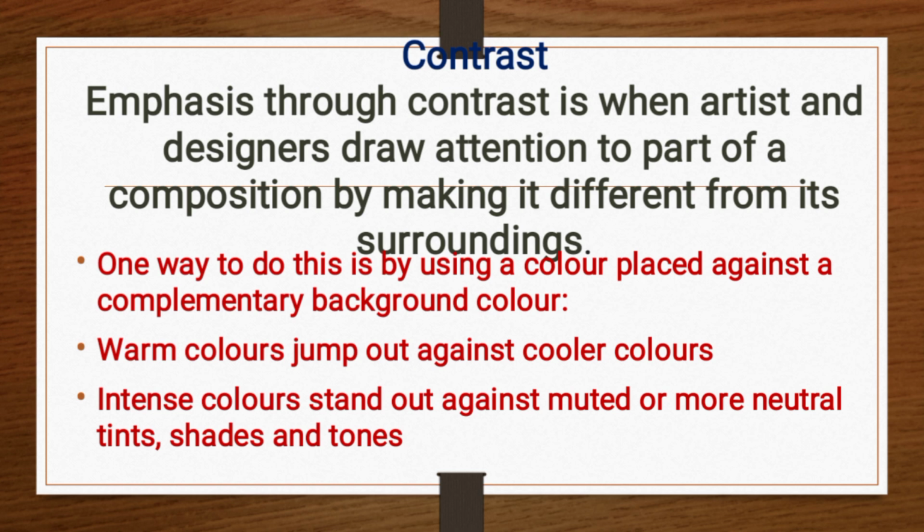When you have a green background and you have the play of red on it, it automatically emphasizes this particular area. Now warm colors jump out against cooler colors. When you have warm colors popping out against cooler colors, you now know that you are obeying the law of contrast. Intense colors stand out against muted or more neutral tints, shades, and tones.